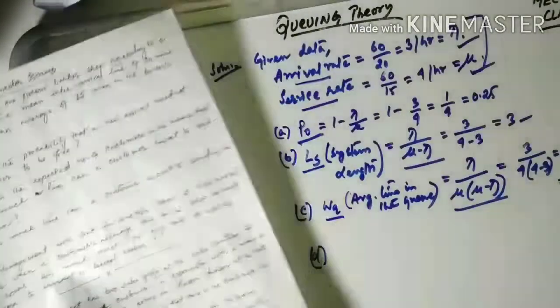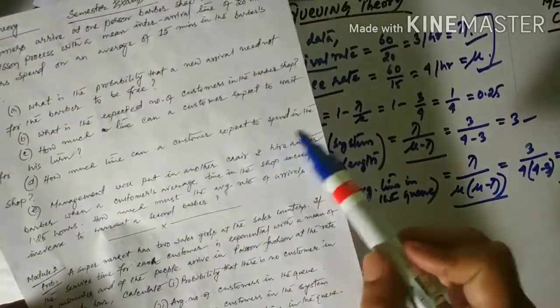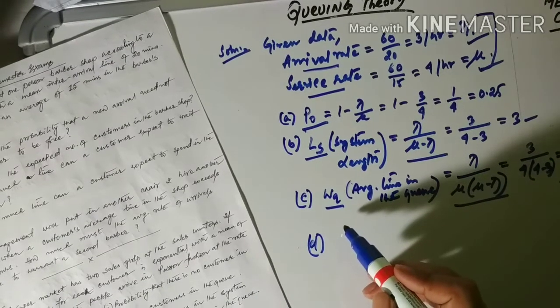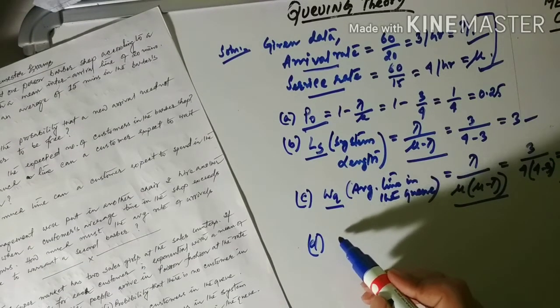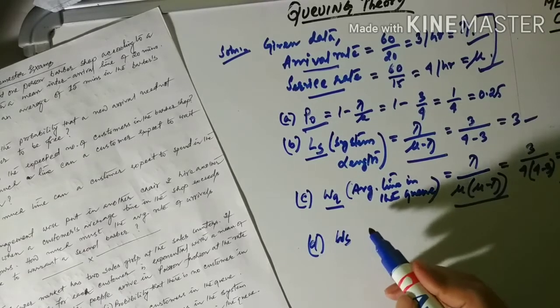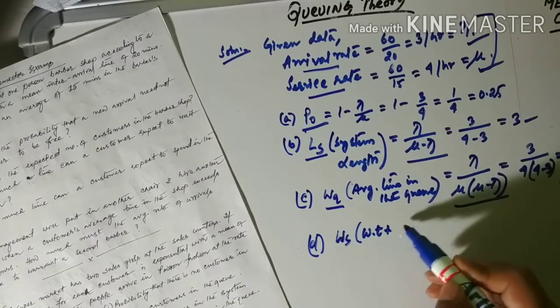Now for the next one, it asks how much time a customer is expected to spend, the total time. Total time means it will be Ws. So Ws equals waiting time plus service time.